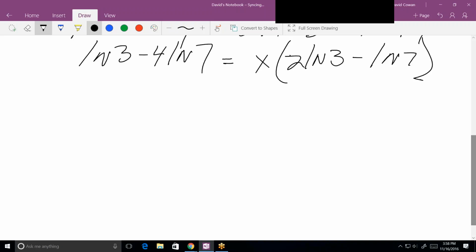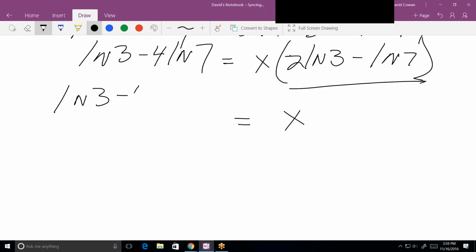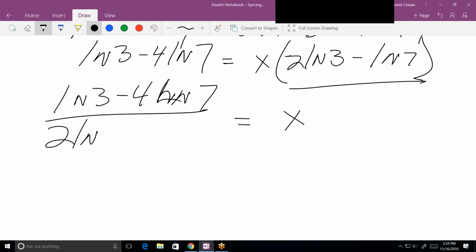So if I divide both sides by that, I'm going to solve for x. I get x equals natural log of 3 minus 4 natural log of 7 divided by this number over here, which is 2 natural log of 3 minus natural log of 7.